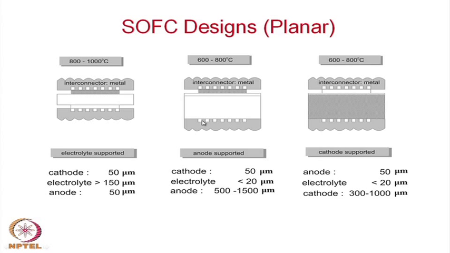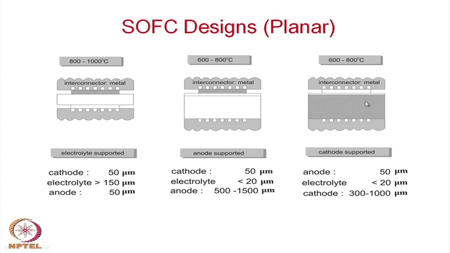So, these are the channels through which the fuel gas is allowed to pass, whereas on the other side the channels are used for the cathode, so the oxygen or air is allowed to pass. So, these white square cross section parts are actually the channels through which the gases are passing. On one side you have the anode, so it is fuel, and this is oxygen.